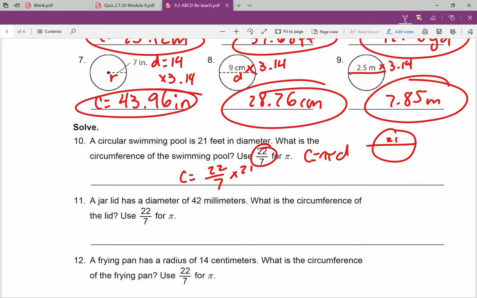We multiply fractions straight across, so we put a 1 under that. 22 times 21, top and top, bottom and bottom, you get 462 divided by 7. When you divide by 7, you get 66 feet. And that's the circumference for the swimming pool.